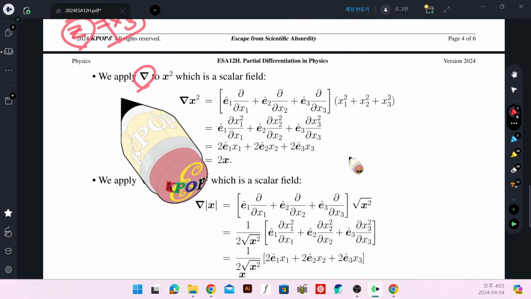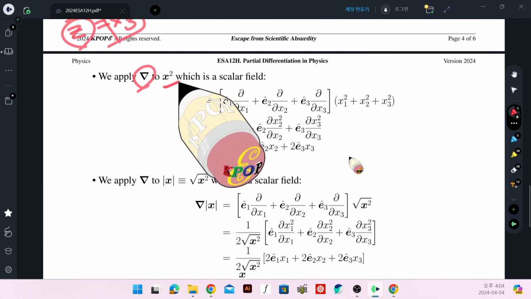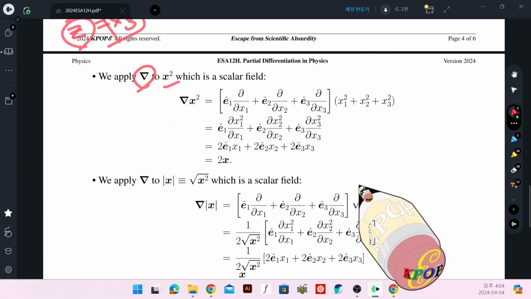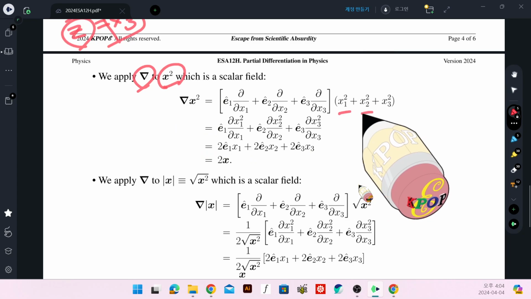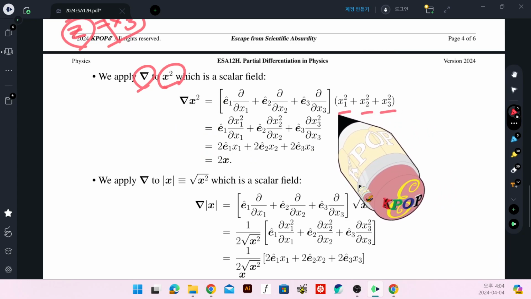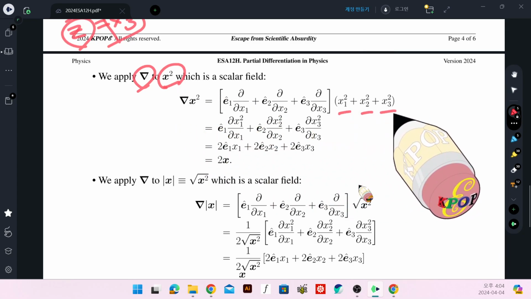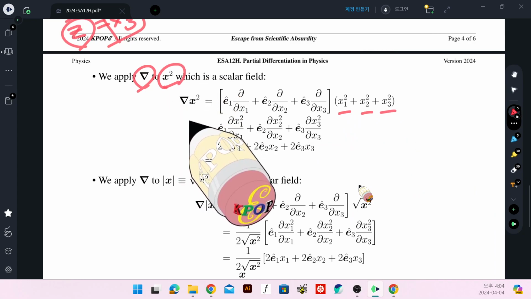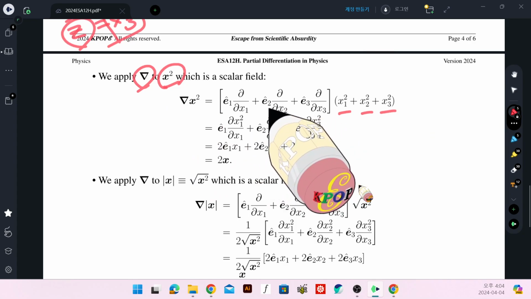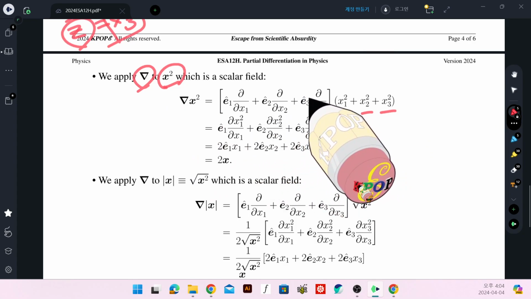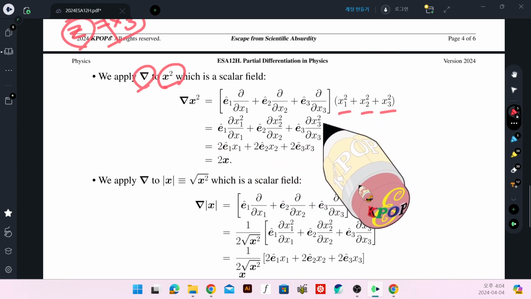We apply the gradient operator to x squared. What happens? x squared is, by Pythagoras' theorem, the sum of squares of the Cartesian coordinates, and the gradient operator has x component as the x derivative, y component as the y derivative, and z component as the z derivative.